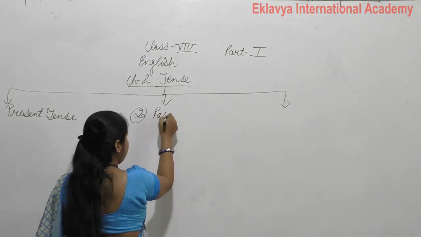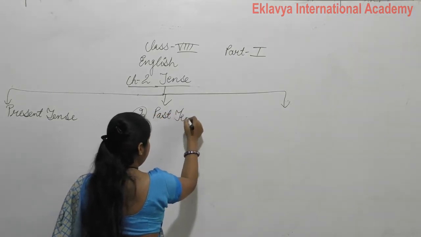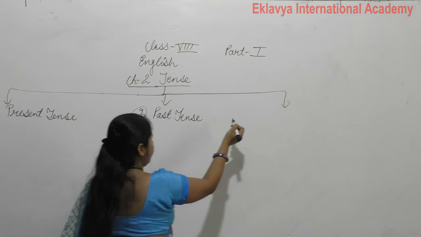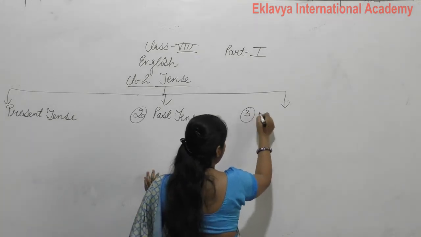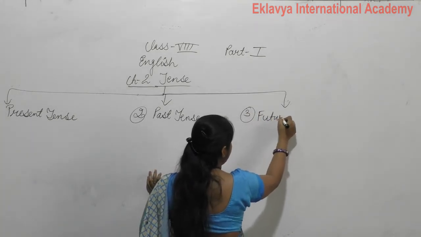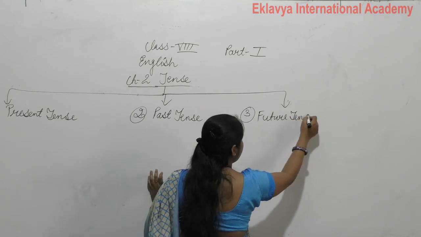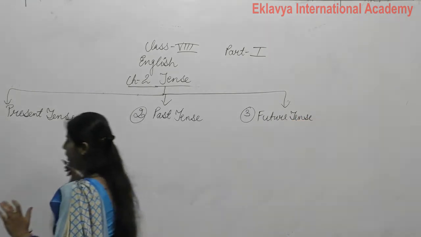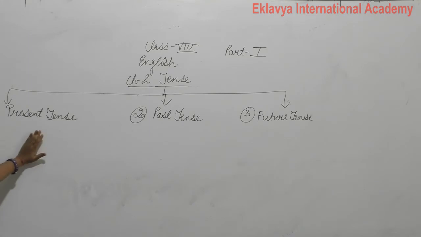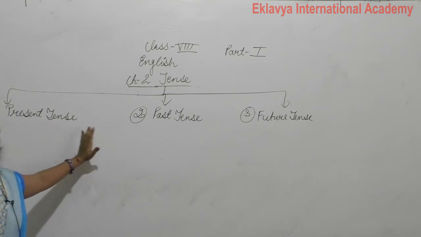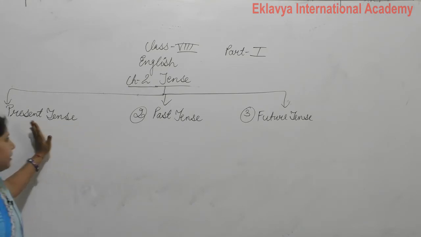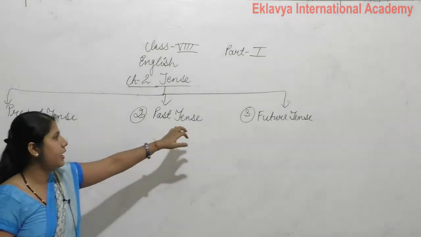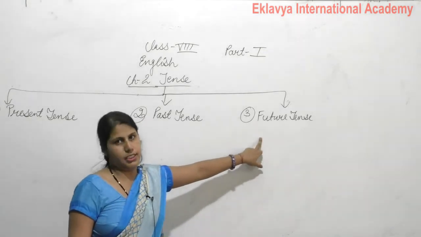Second is past tense, which tells us about the past, and our third one is future tense, which tells us about the future. Is that clear? So our tense is divided into three parts.